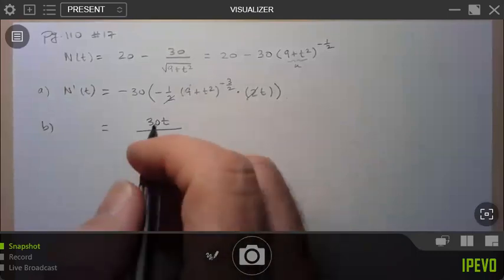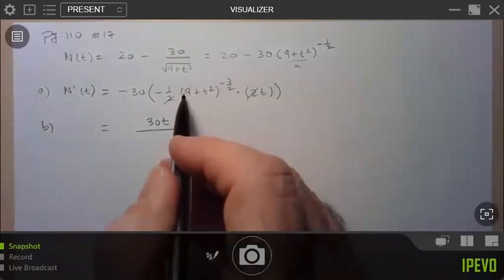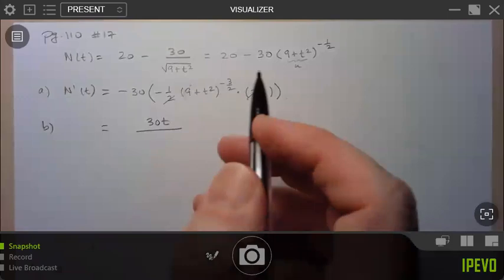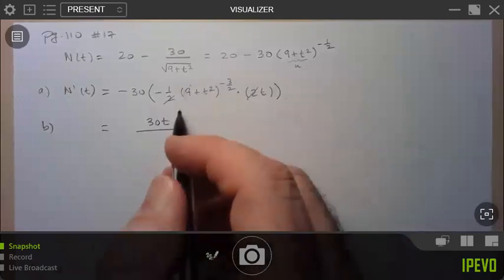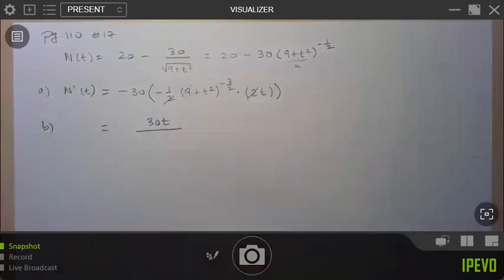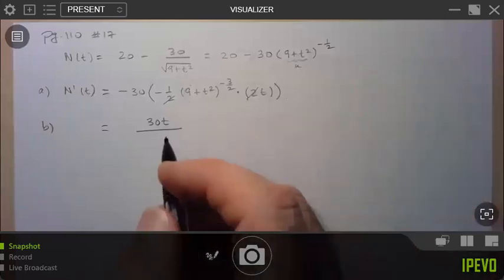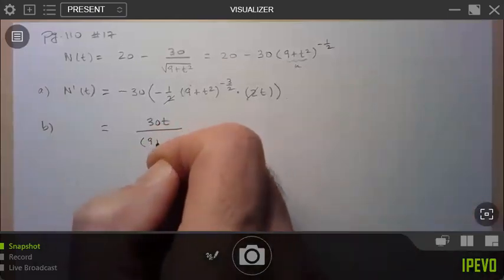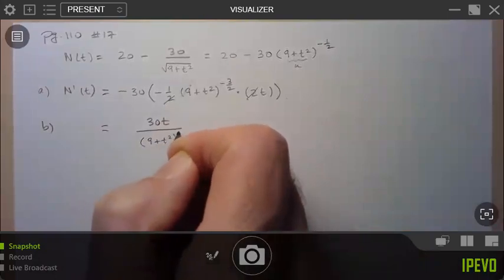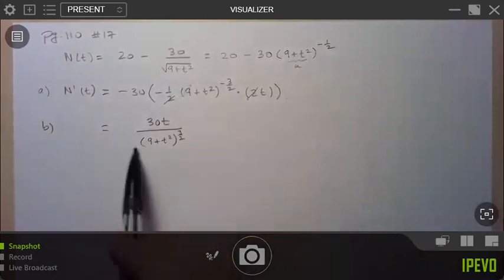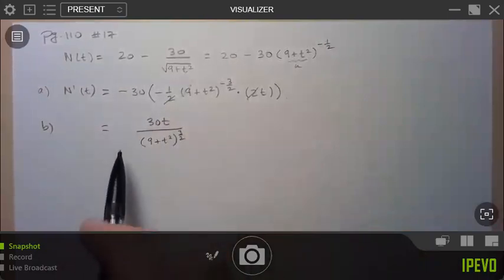So I could write it as 9 plus t squared to the 3 over 2, or write it in square root form. I don't think it's really going to matter. So 9 plus t squared to the 3 over 2. And this is a simplified version of my derivative.